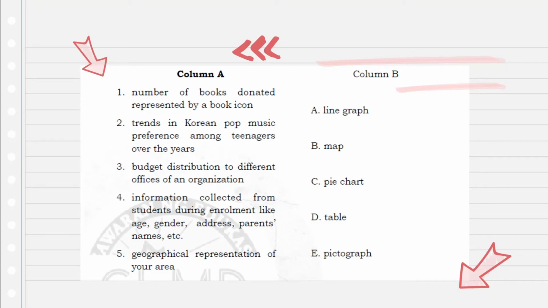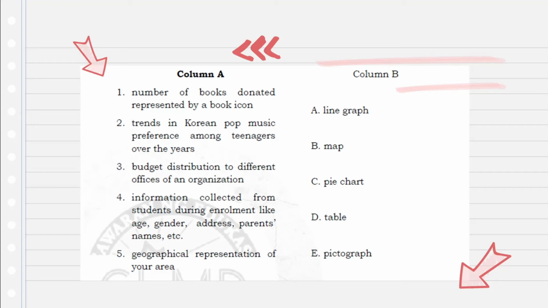Budget distribution to different offices of an organization. 4. Information collected from students during enrollment like age, gender, address, parents' names, etc. And 5. Geographical representation of your area.